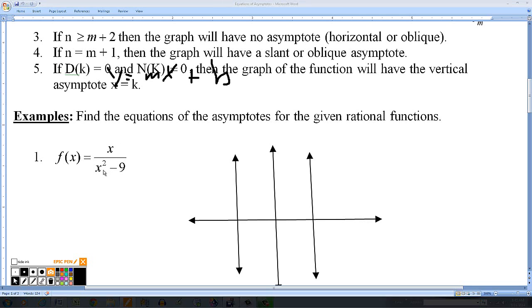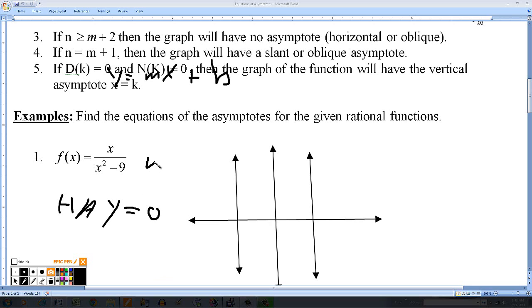The highest degree term in the denominator is x squared, so the degree of that denominator is 2. 1 is less than 2, so as far as the horizontal asymptote, we're going to have y is equal to 0.